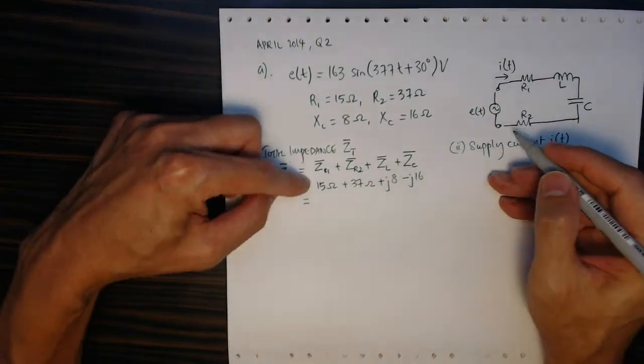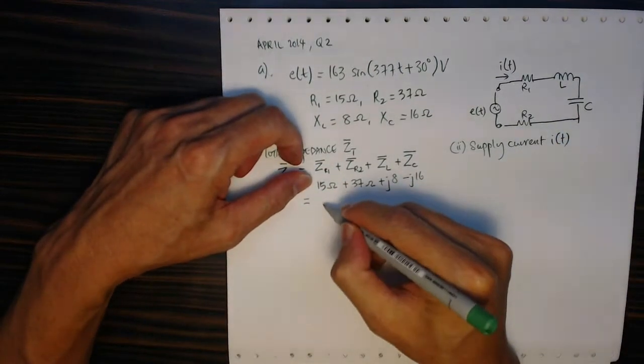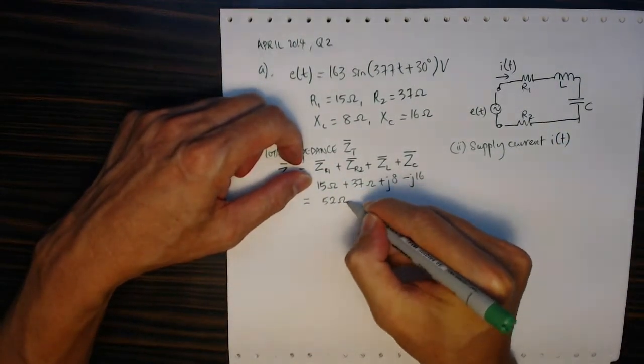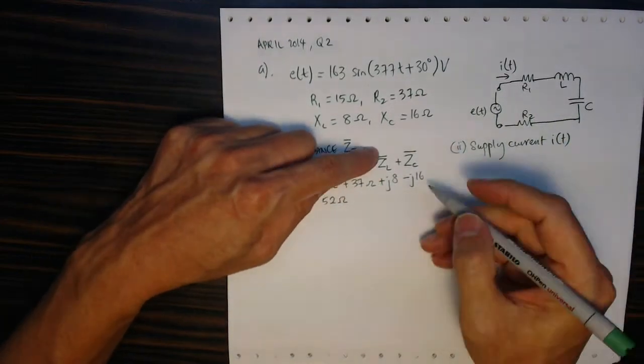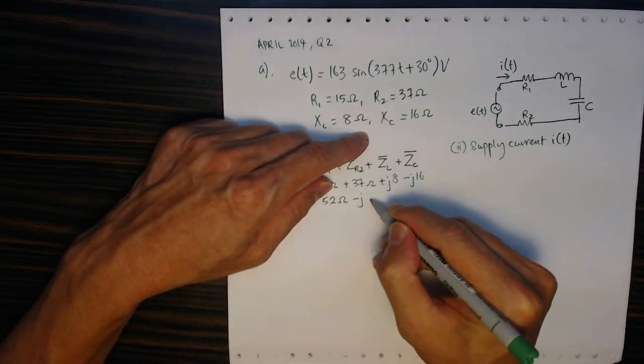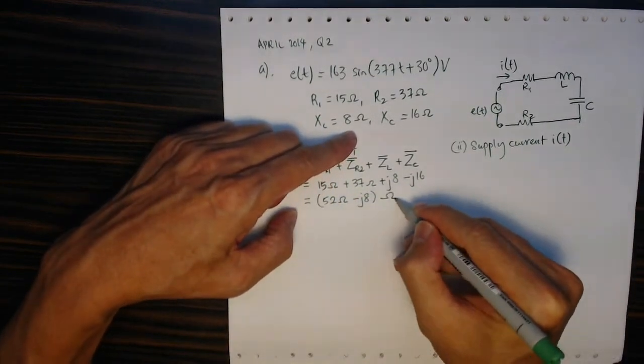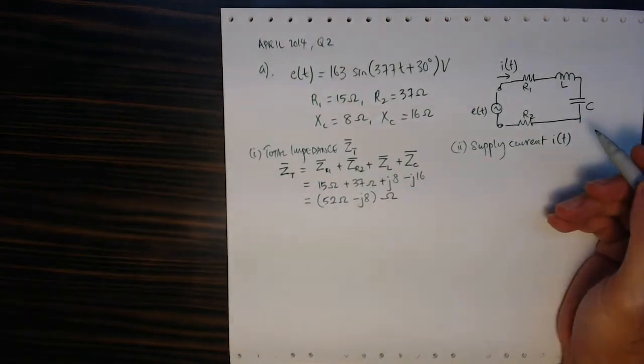So in terms of rectangular format, 15 and 37, I can add them up, so that will be 52 ohms. Now plus 8 minus 16, that will be minus j8 ohm, right? In phasor format.